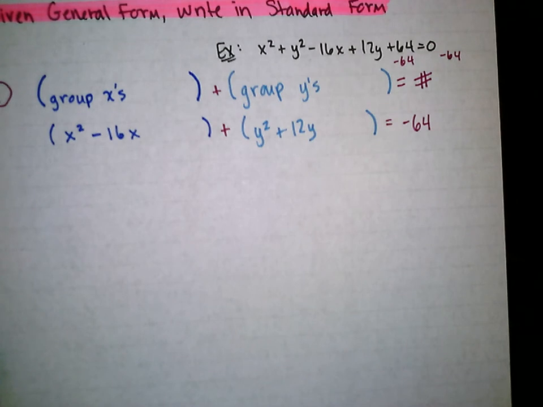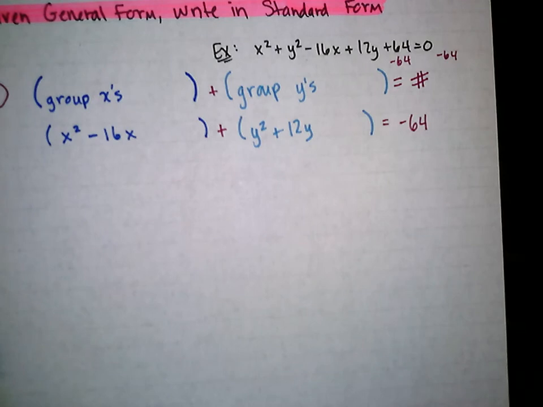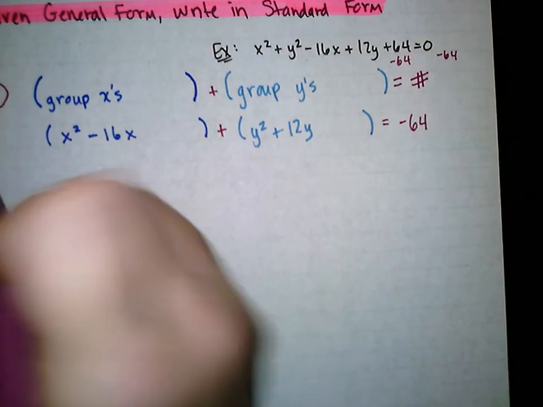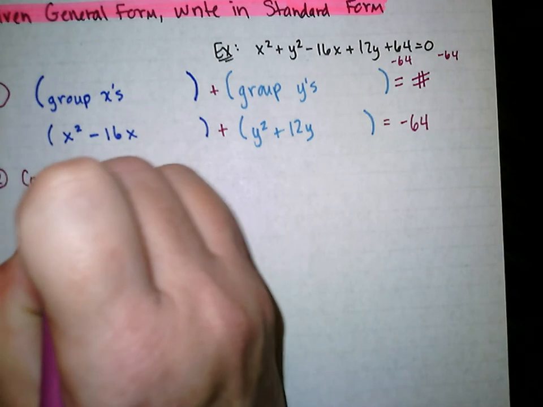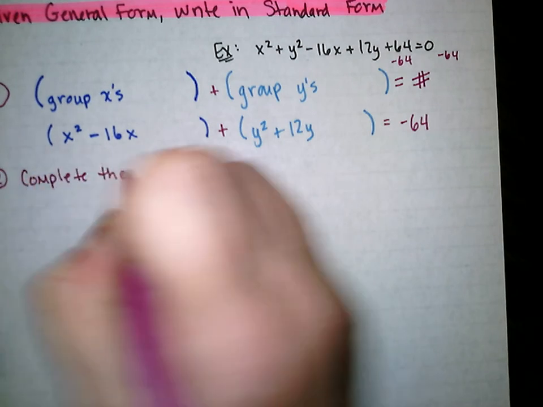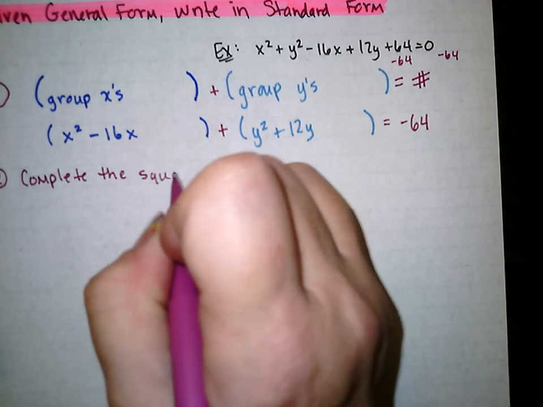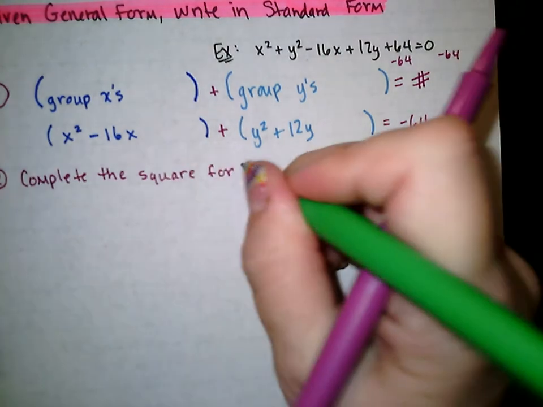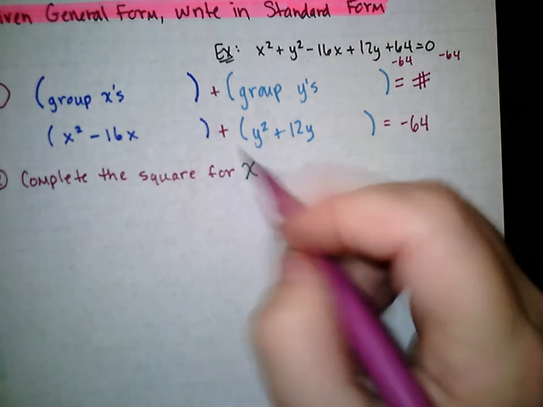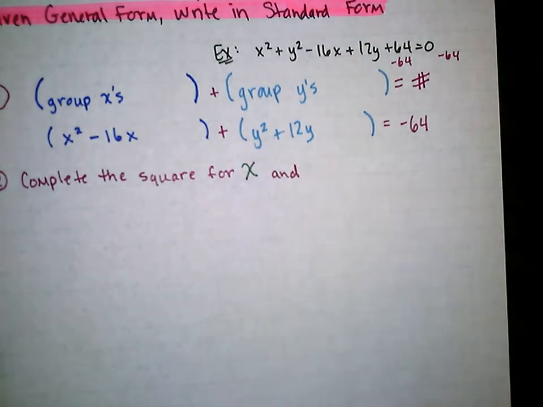Then the next thing we're going to do is complete the square 2 times. So we complete the square for x and y.